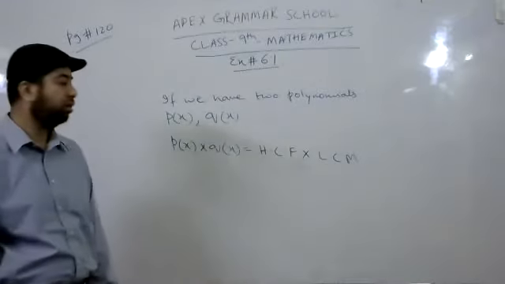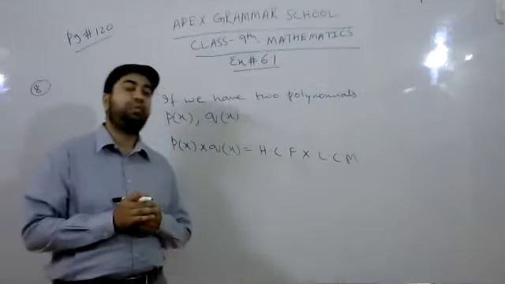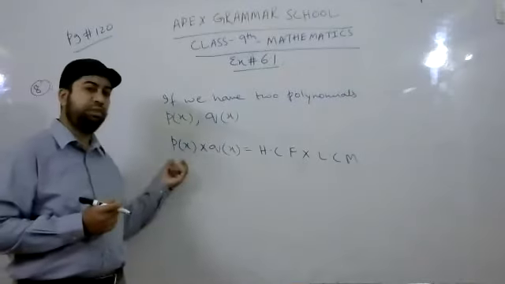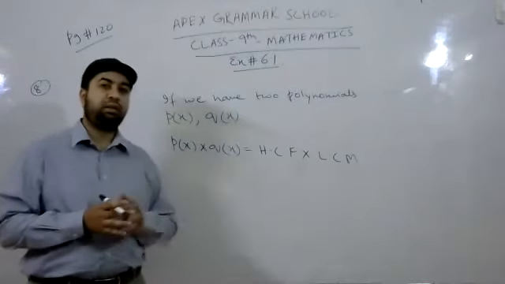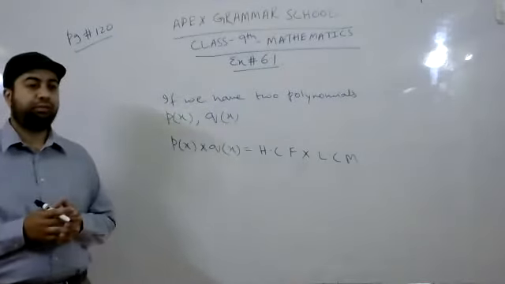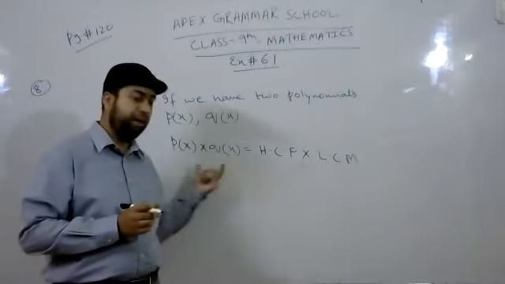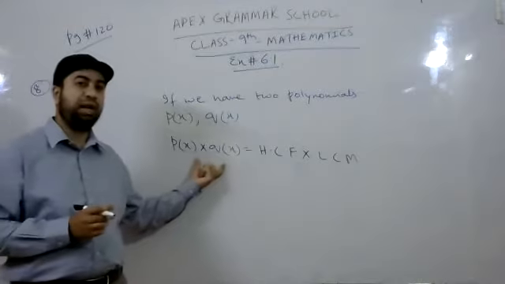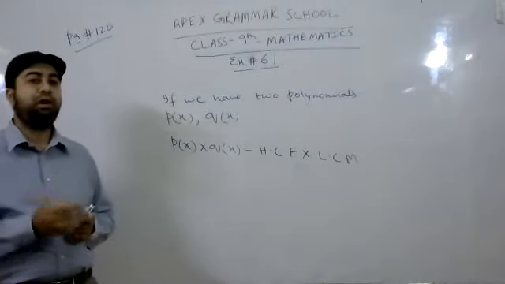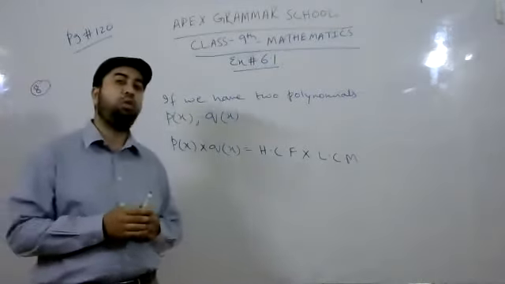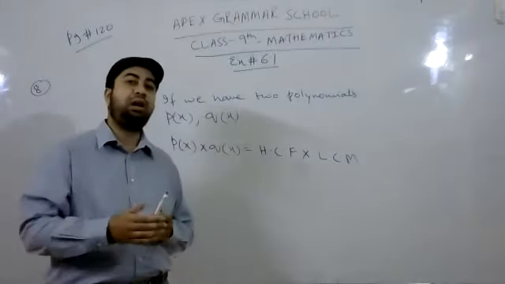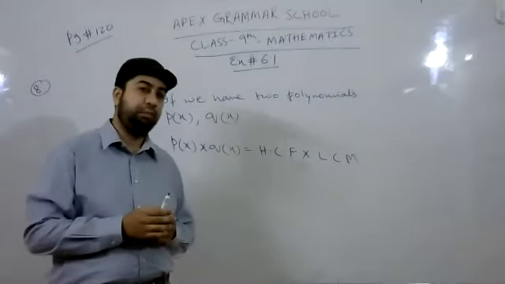And that's it. Again, I'm telling you, if we have any two polynomials, first is P of x and second is Q of x, and we have found the HCF of them and also the LCM of them, I have already told you all the methods for how we can find the HCF and the LCM.